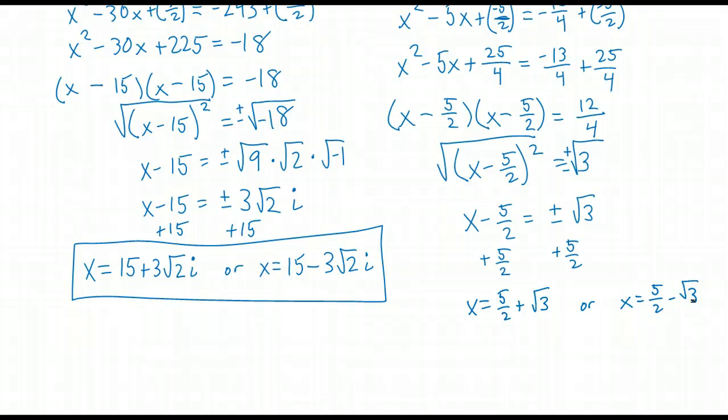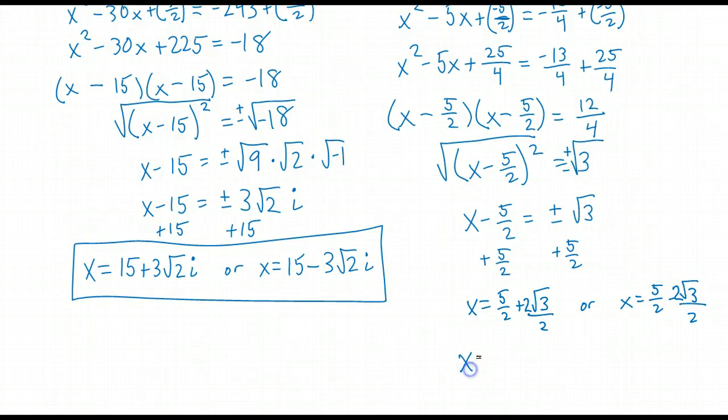Now I can leave my answer like this, or I can combine these two into one fraction. My denominator is 2, so my common denominator would be 2. And if I put a 2 down here, I have to have a 2 up here. And if I put a 2 down here, I need to have a 2 up here.